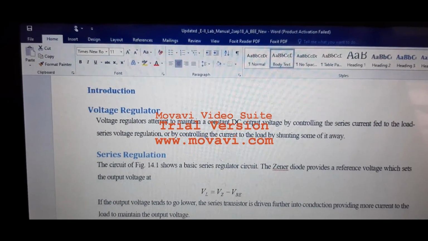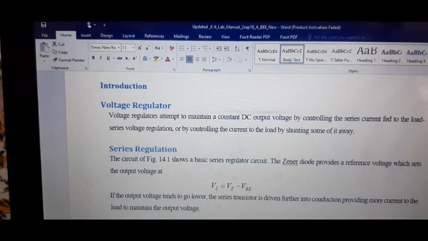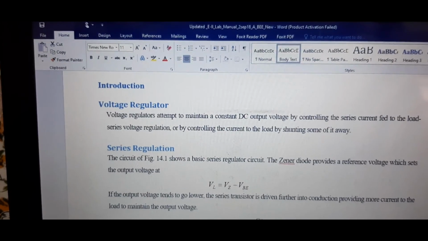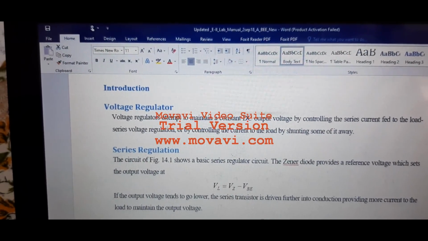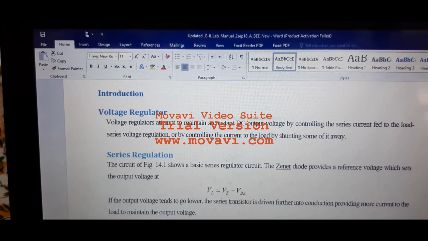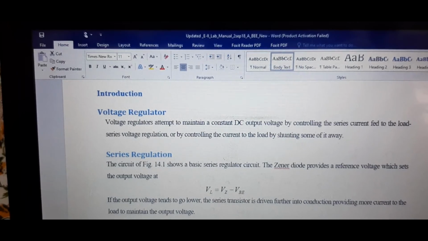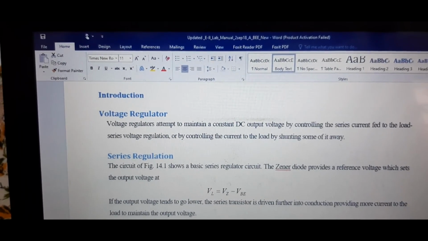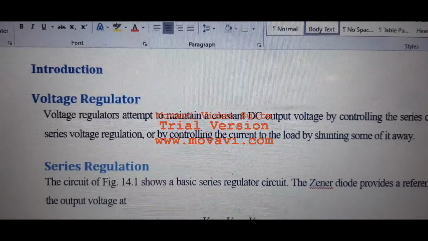Each type of voltage regulator can provide an output voltage which is DC voltage that is regulated or maintained at a set value even if the input voltage varies or the load connected to the output changes. It means that once the output voltage is established, there will be no effect on the output voltage whether we change the input voltage or the load values.